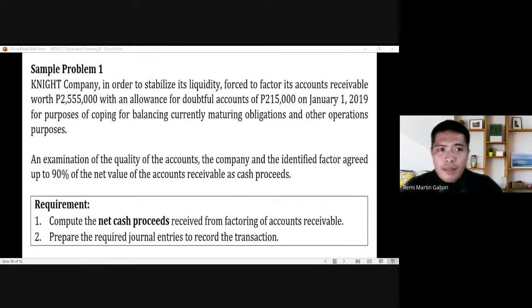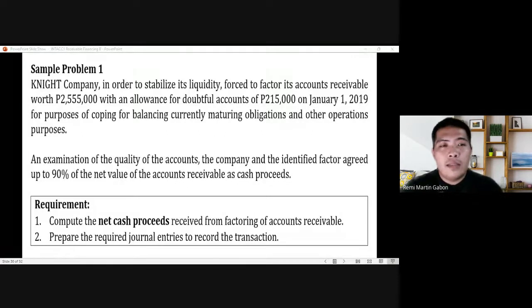Okay, so take note: upon examination of the quality of the accounts, the company and the identified factor agreed on 90% as cash proceeds. The basis was the net value of accounts receivable.